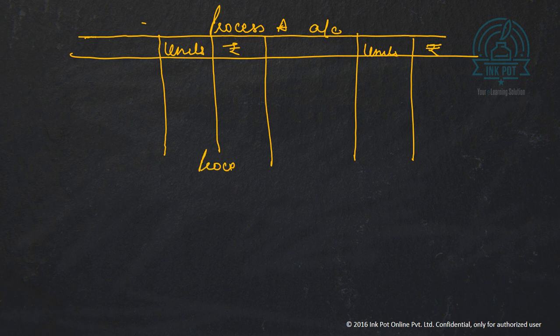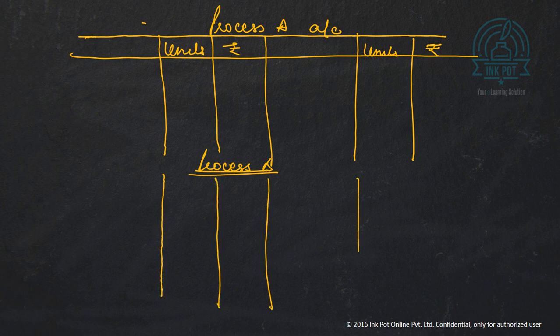Process B account, again we have particulars, units, rupees, particulars, units and rupees. So these are units, these are rupees, units and rupees.